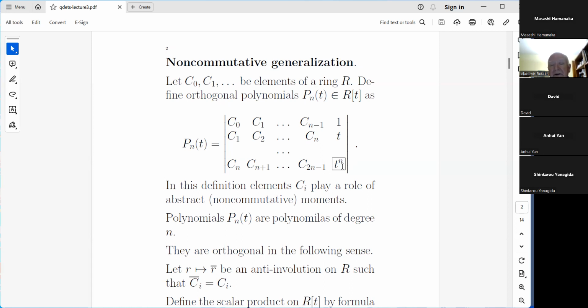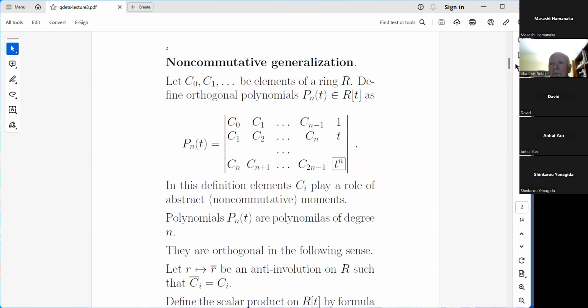By this construction that I discussed before, you have a polynomial depending on t, and it's actually a monic polynomial, because the coefficient of t to the n is 1. Those elements c sub i play the role of abstract non-commutative moments, and from the construction it follows that those polynomials are of degree n.